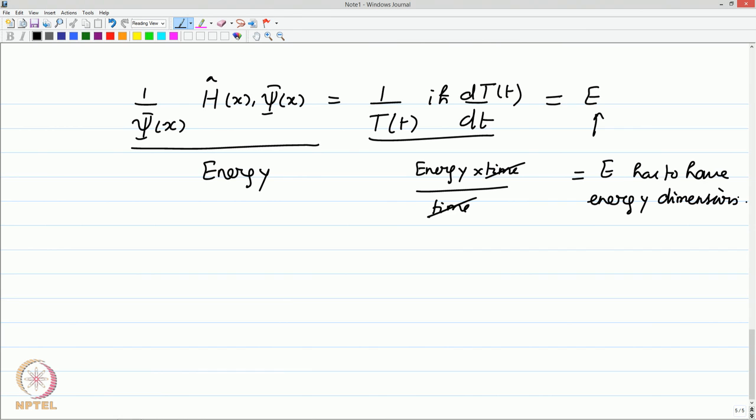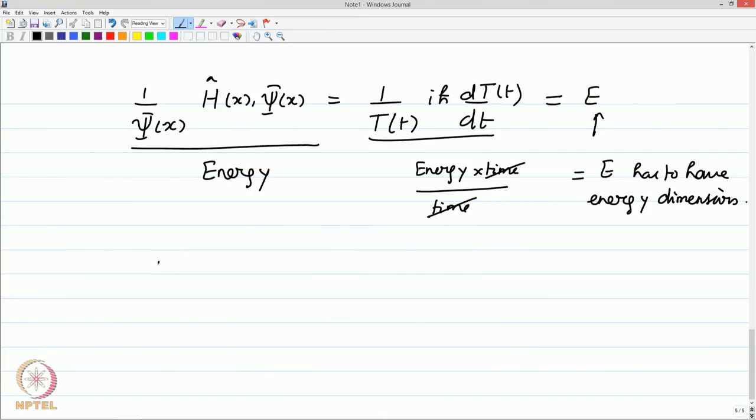Okay. Now, the fact that they have to be independent of each other is because this does not depend on t, and therefore this cannot depend on t. This does not depend on x, therefore whatever is on that side cannot be dependent on x. Therefore, E is independent of both x and t.